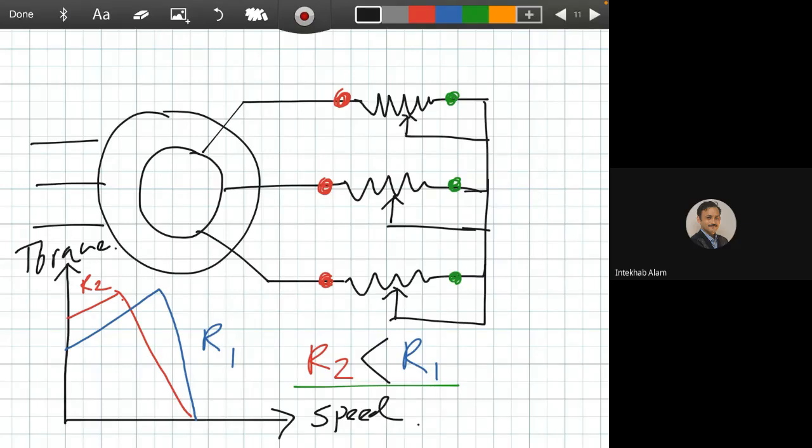Lamia Sharmin. Yes, sir. Could you please tell us why R2 is less than R1? How?